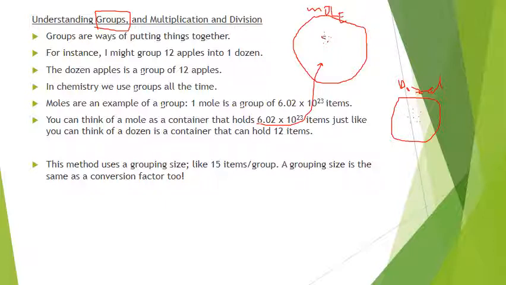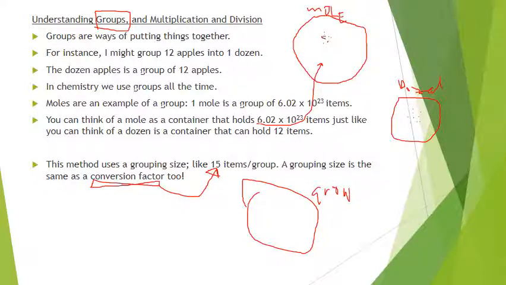Now, groups are nothing new to you guys. This should all make sense, but also in dimensional analysis, you have something called the conversion factor, and it turns out the conversion factor is no more than a grouping size. So if we have a group and it has 15 items, the conversion factor, if you want to use dimensional analysis, would be 15 items per group.